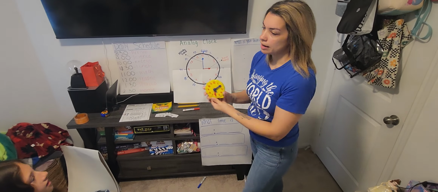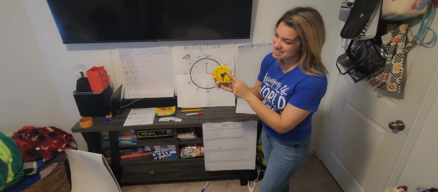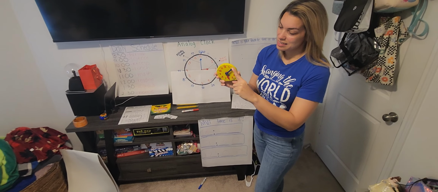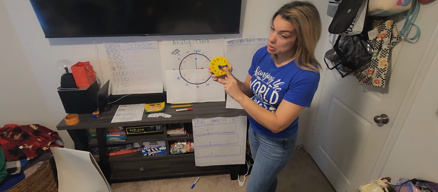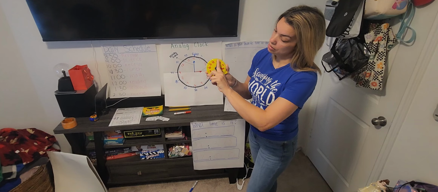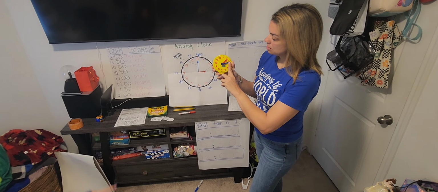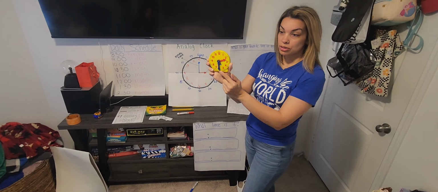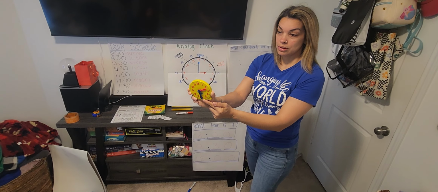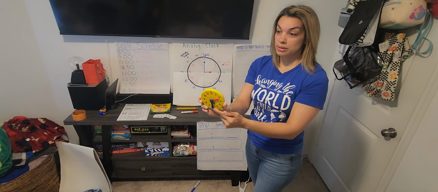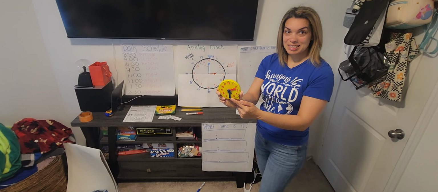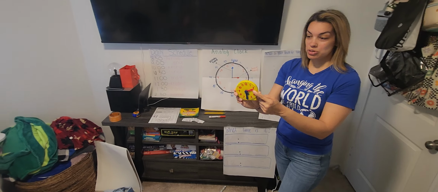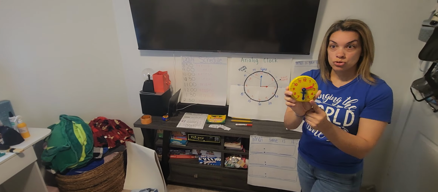Addie, good try. The long hand is the blue one, and that goes on the 6. The red hand is on the 2. So that means it's 2:30.